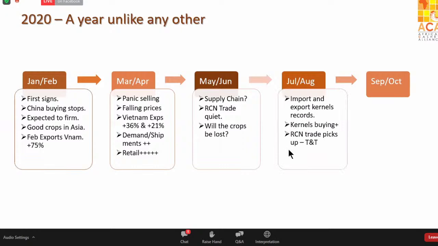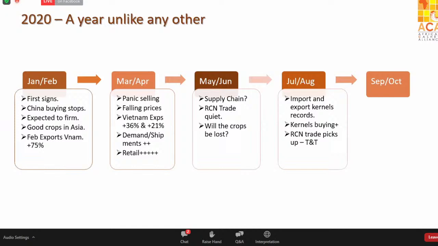In July and August, this started to turn a little bit, and more kernels buying came into the market. We still were seeing record exports from Vietnam, and in many destinations, record imports. The RCN trade started to pick up.